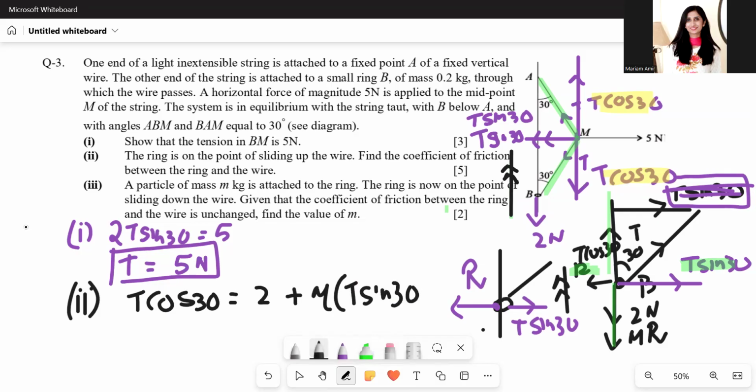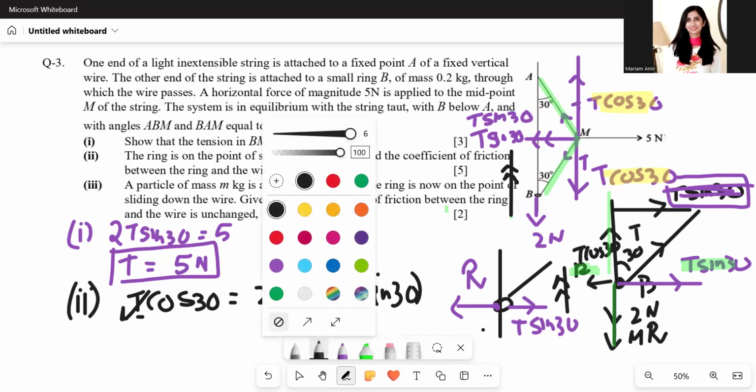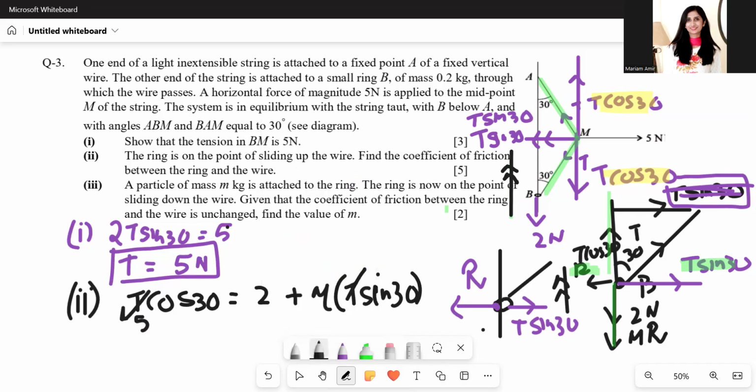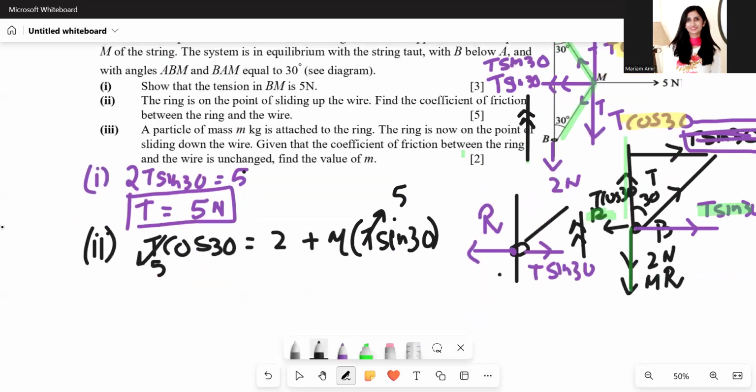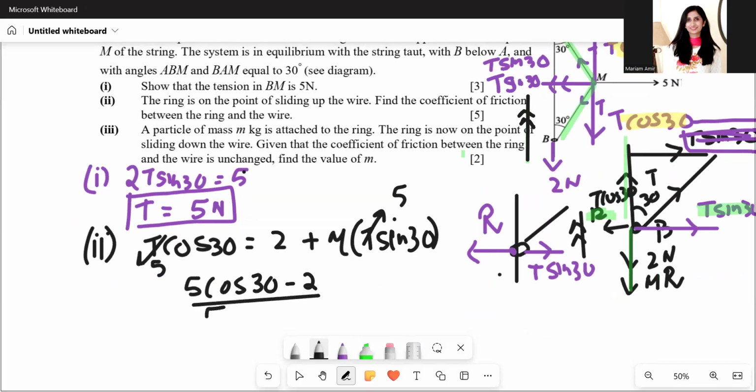We already know from the previous part that T is 5. So replace T with 5 and get the value of mu. So we have mu equals 5 cos 30 minus 2, whole divided by 5 sine 30.